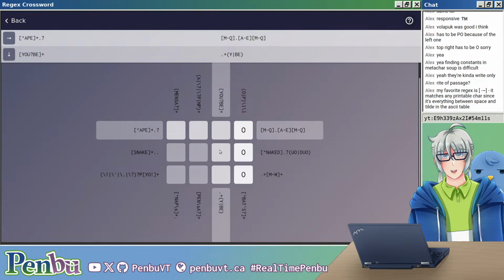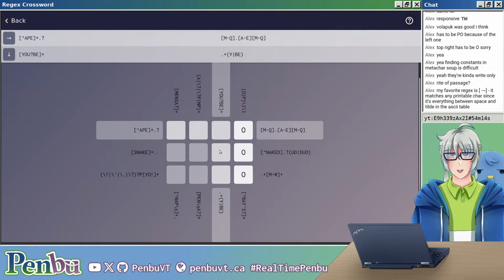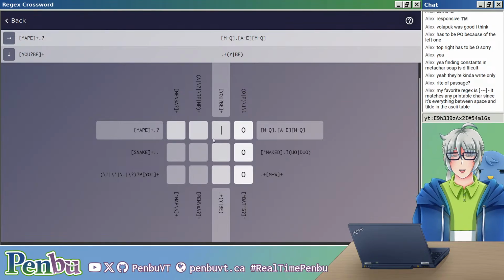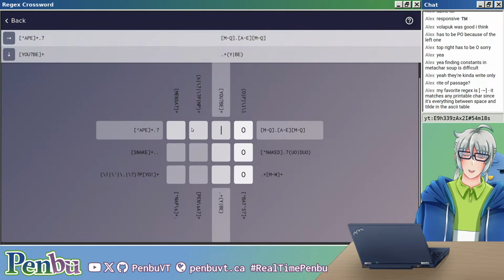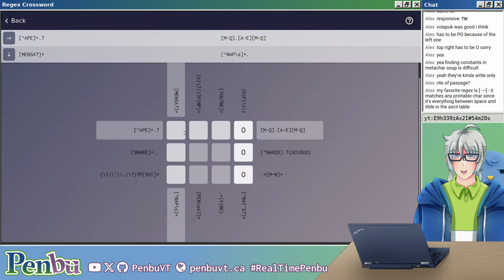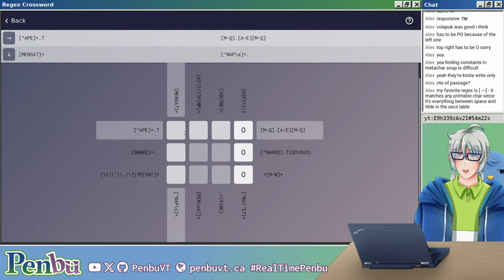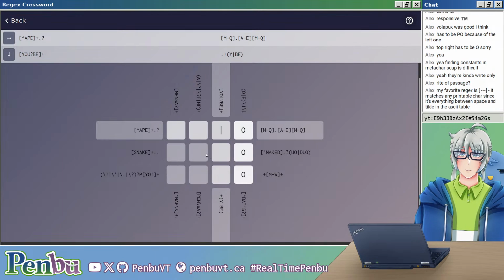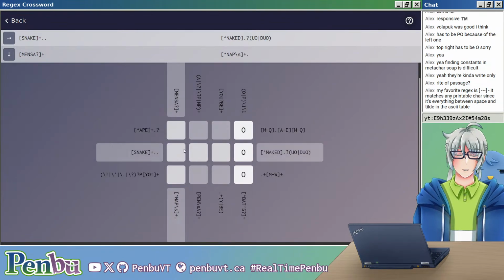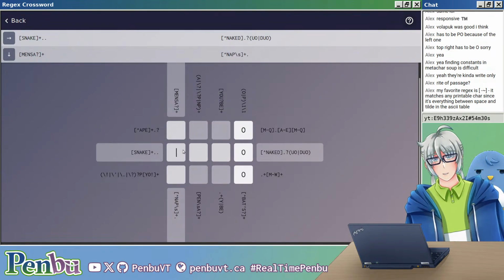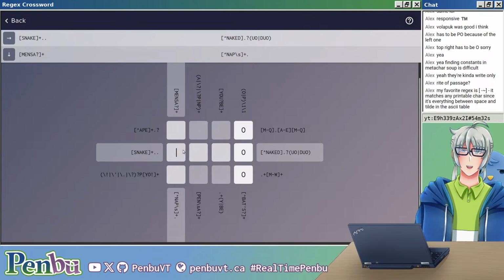Is dash tilde. It matches any printable character since it's everything between a space and a tilde. Oh, yeah. I haven't actually seen that before. But I guess that's correct, because it would be everything. Should keep that in mind. Although I wouldn't say I've had to use that.